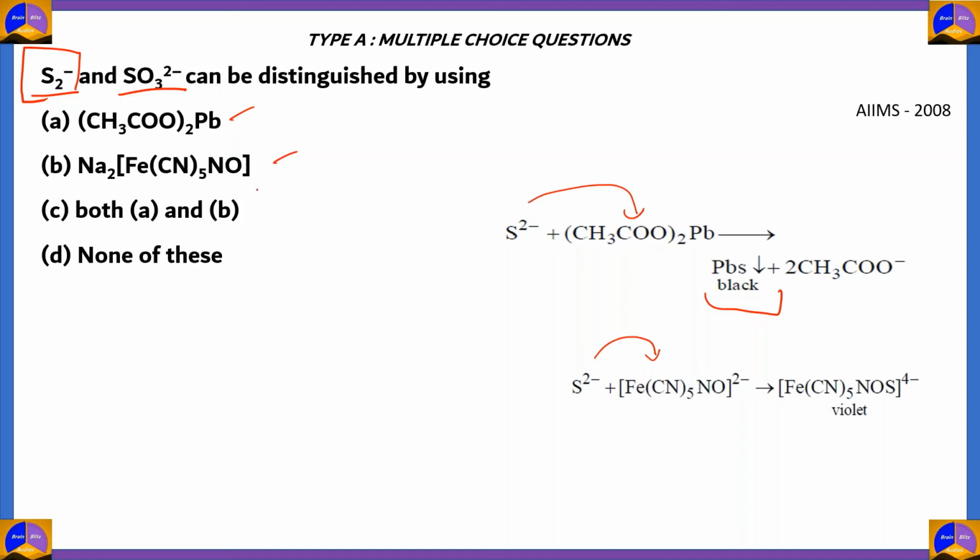Therefore, we can use both options A and B in order to distinguish between S2- and SO3 2-. So option C is the right option. Since both can be used, option D, none of these, is incorrect. And if we were to choose either A or B, then we would be disproving the other. So both options A and B are incorrect on their own, and their union, option C, is the correct answer.